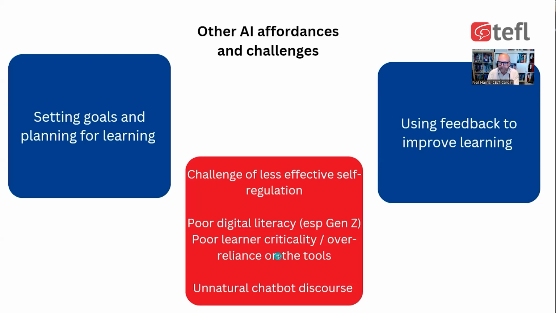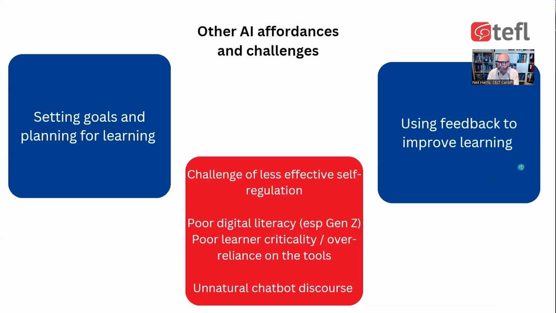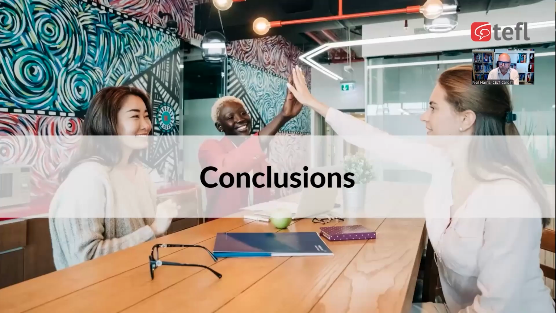And as we've mentioned already, there are those issues around over-reliance on tools and lack of learner criticality. Plus, of course, let's be honest, if you've ever talked to a chatbot, the chatbot is not going to replace, at least yet, human interaction and communication, because it just doesn't chat naturally.